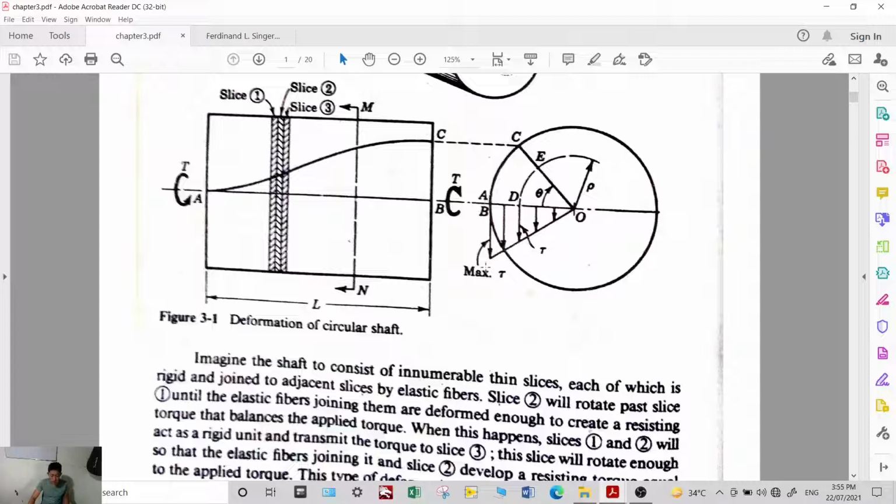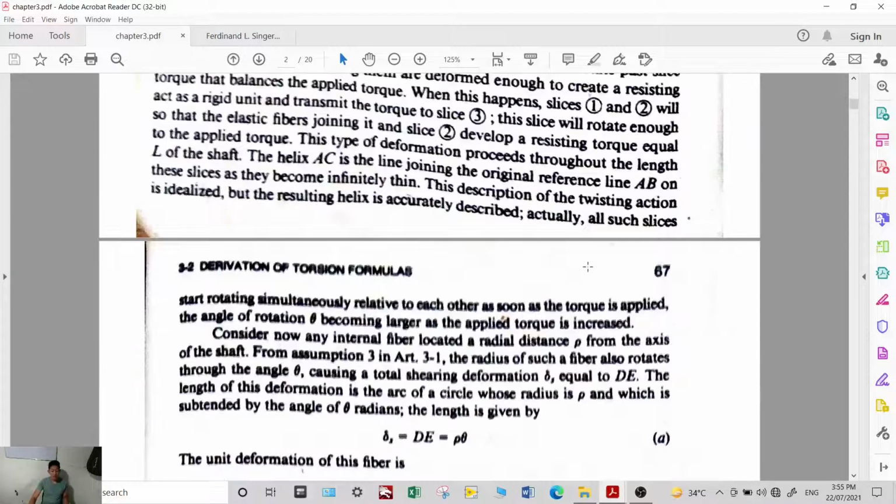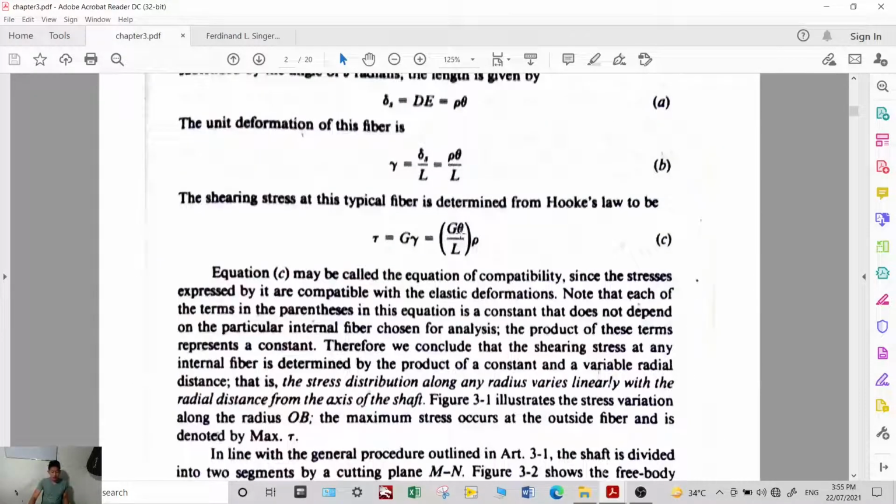Therefore, the maximum shearing stress or torsional shearing stress occurs at this one, at the radius, okay, overall, or the largest radius. Okay, but na ay unknown diri nga equation, which is the theta, okay, or the deformation angle.